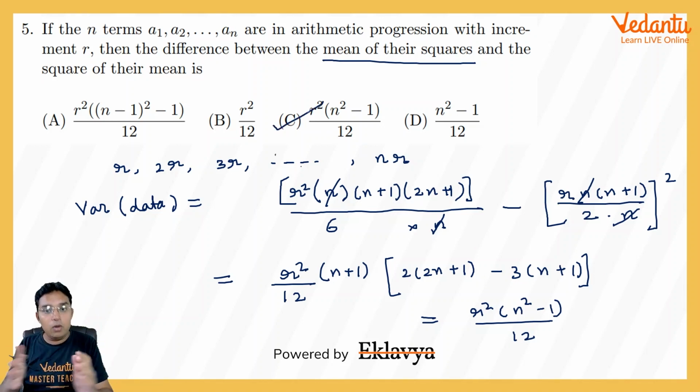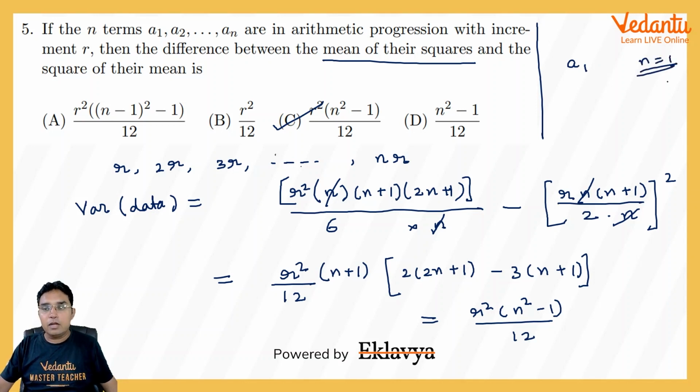This question could have been done directly without doing anything. Why am I saying so? Suppose I am having only one data A1, which means n is 1. Now if the only data is A1, its mean of squares and square of means will be the same thing. So your value has to be 0, isn't it?